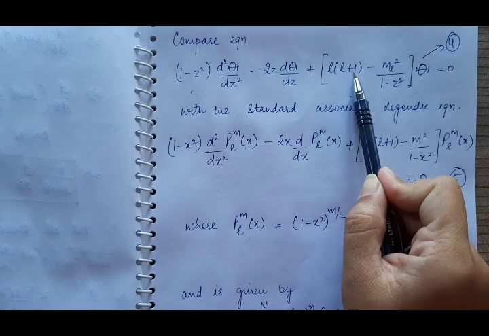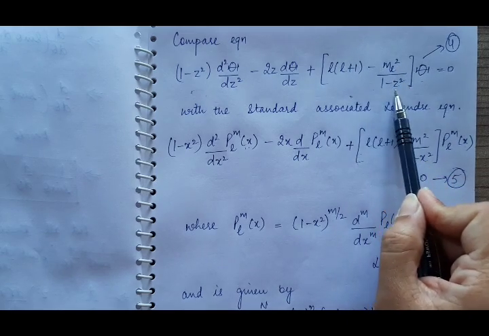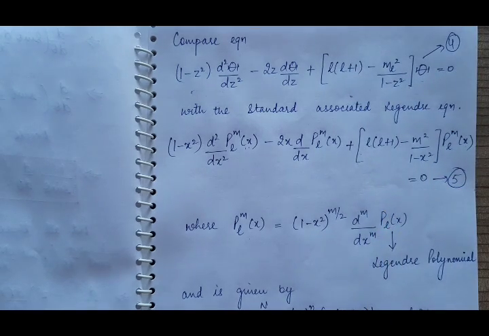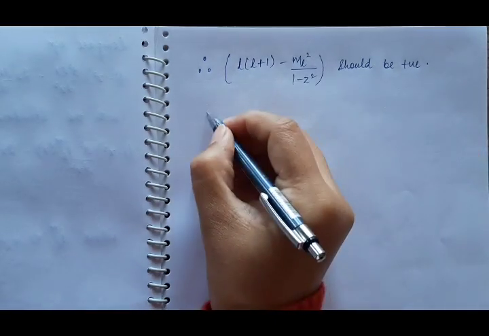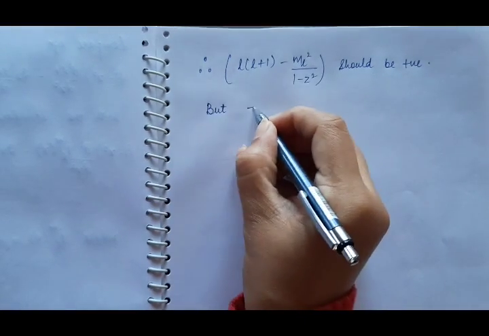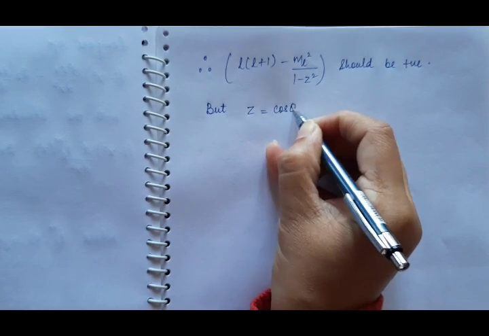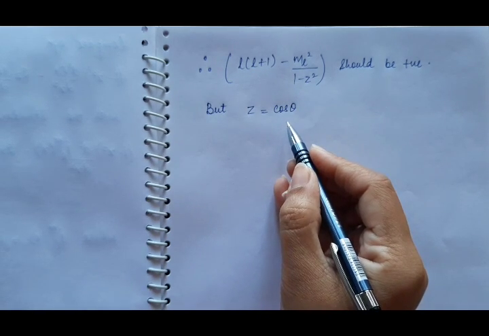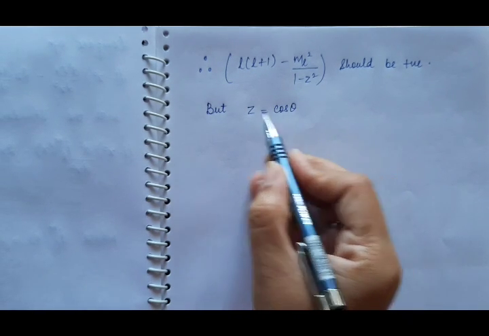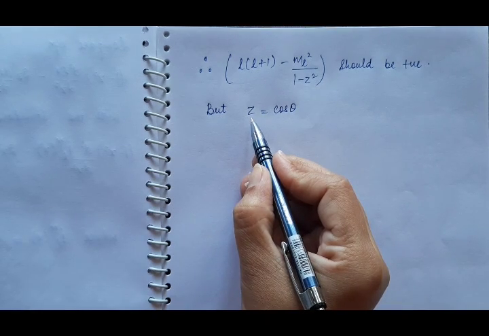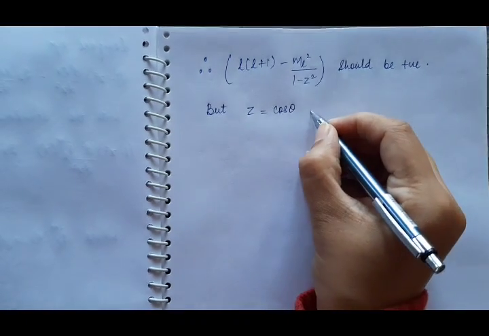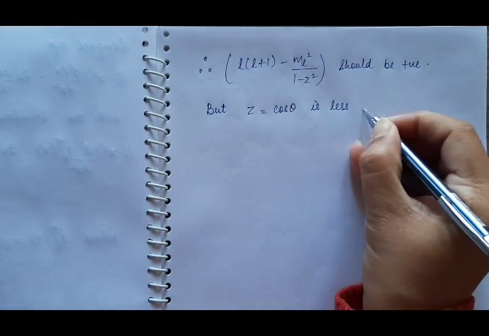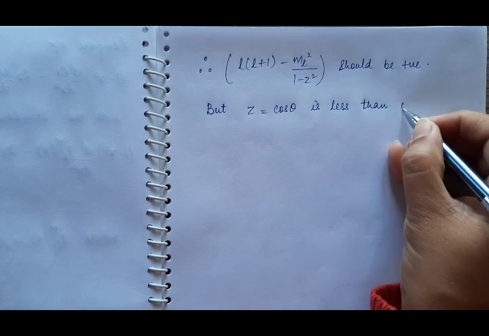So L(L plus 1) minus M_L squared by (1 minus z squared) must be greater than 0. It should be positive, but z is equal to cos theta, and we know that the maximum value of cos theta is 1. So z is less than or equal to 1.